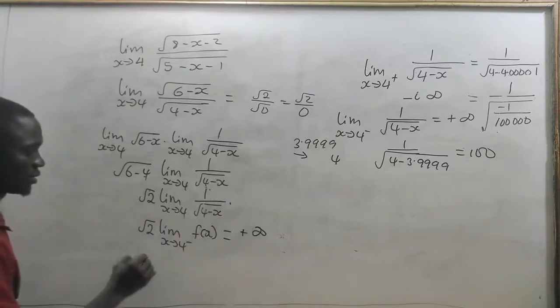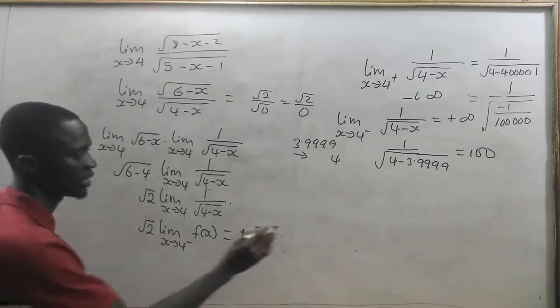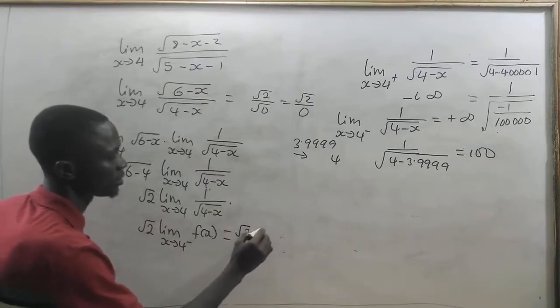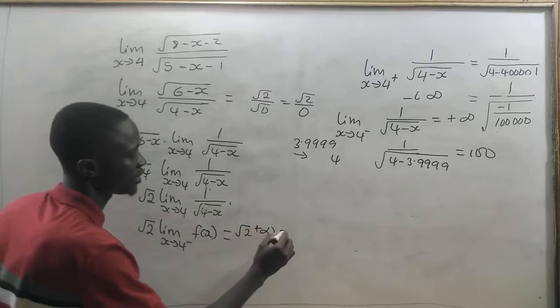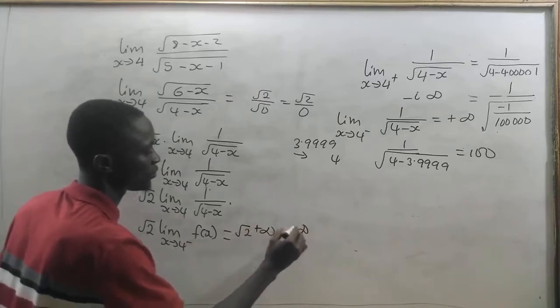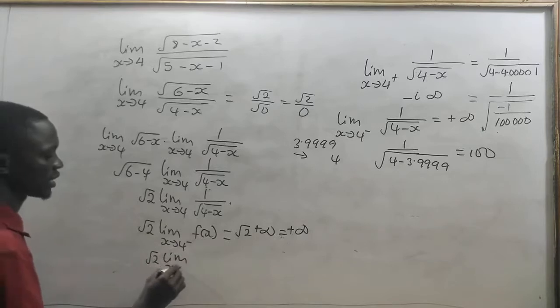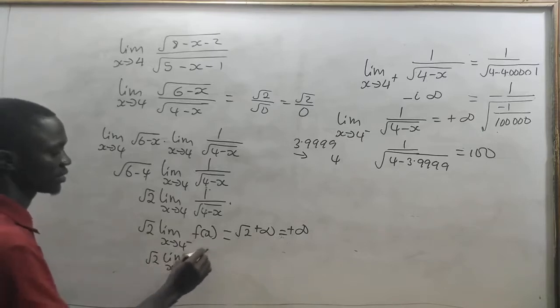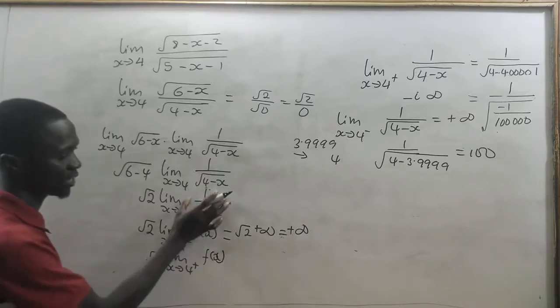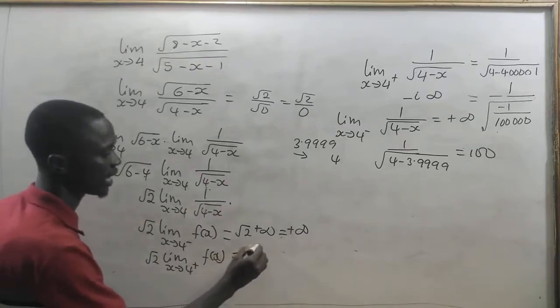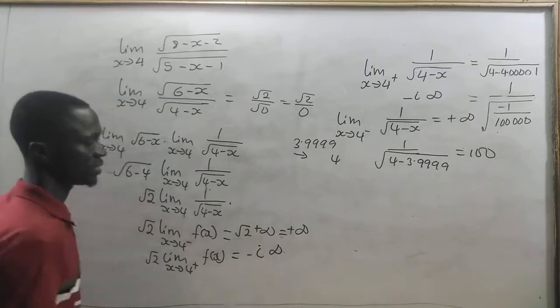And then we have the square root. Let's multiply it by the square root. The square root times positive infinity will go to the same positive infinity. And then the square root times the limit as x approaches 4 from the right of f of x, where f of x is 1 divided by the square root of 4 minus x, will approach -i times infinity.